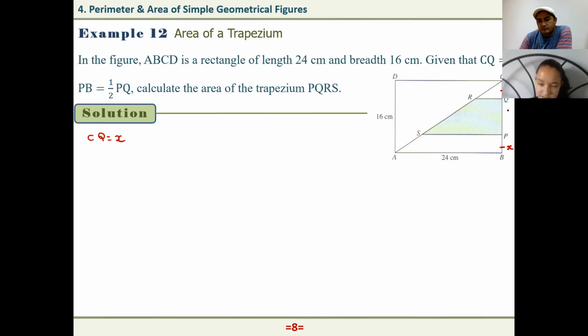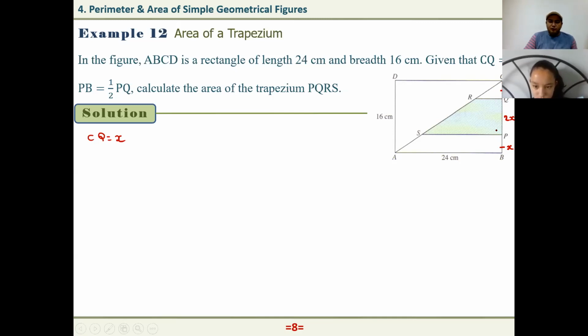It will be 2X, right? Because it says that half of PQ equals PB equals CQ. That means twice PB or twice CQ equals PQ. The length of PB is X and the length of CQ is X, so it must be 2X.